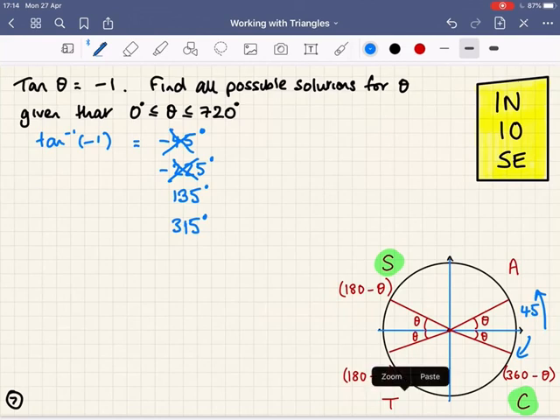So my first solution, I'm going to add 360 degrees to that, and I'm going to get 495 as a solution. And that angle of 315, I'm going to go another 360 degrees round to get to that point again. So I'm going to end up with 675 degrees. So those are my 4 solutions there that would give a value of minus 1 for tan theta.